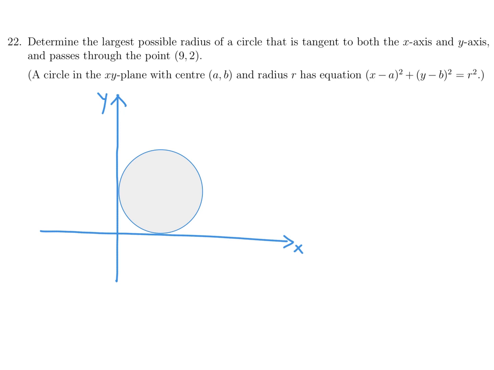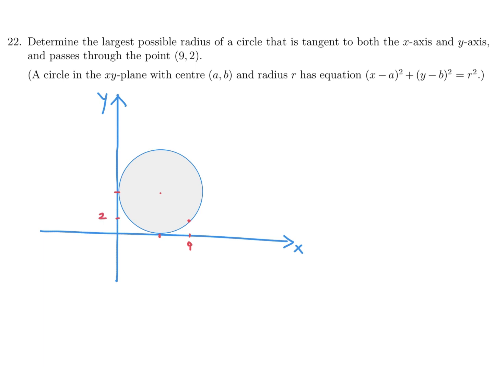There's a circle I've drawn, and I've got to make sure that (9, 2) is on the circle. Those are the tangent points, that's the center point, and (9, 2) is approximately here. So that's 9 and that's 2, approximately.